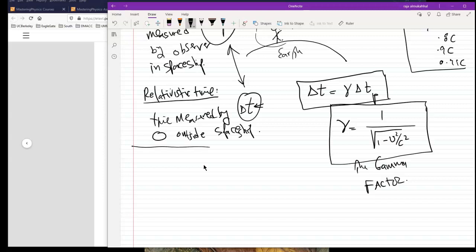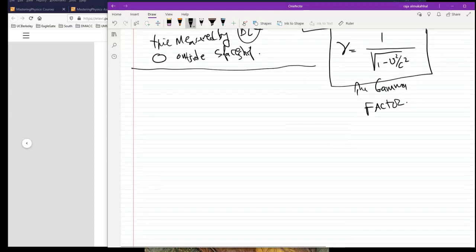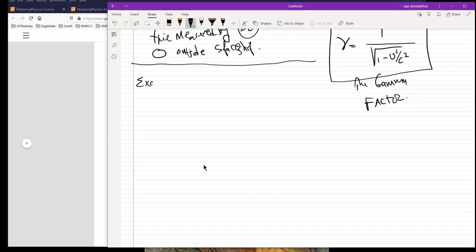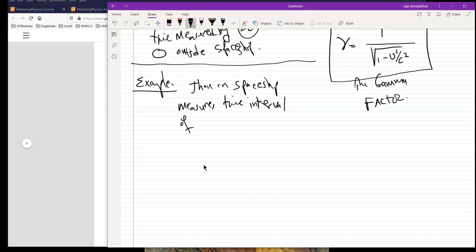Well, let me give you an example. I'll give you a couple of examples at least. Let's give some names. Let's say John on a spaceship measures a time interval of, let's pick a number, say 5 seconds. He's doing some experiment, and for the outcome to come out, it took 5 seconds for whatever process he's doing.